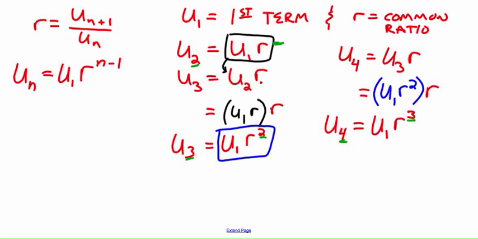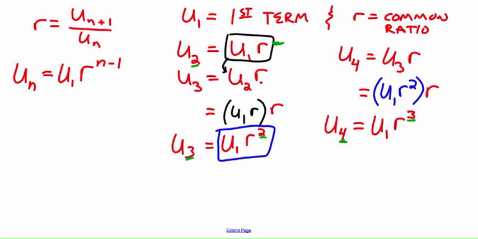So whatever we're taking for n, we subtract 1 from that, and that's the exponent for this common ratio. It cuts down on the amount of calculations we have to do instead of having to punch out every single term up until that nth term. Now, if we have the common ratio and the first term, we could easily calculate what the 500th term is. We can just plug 500 in for our n, and calculate away.